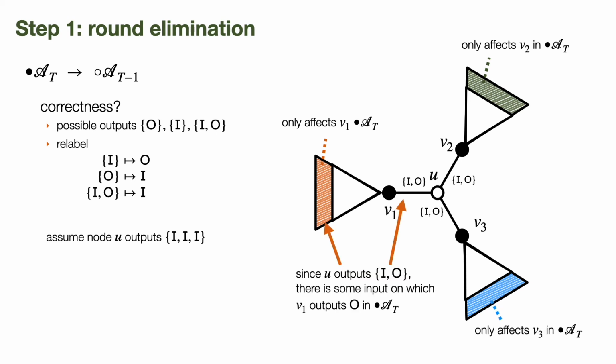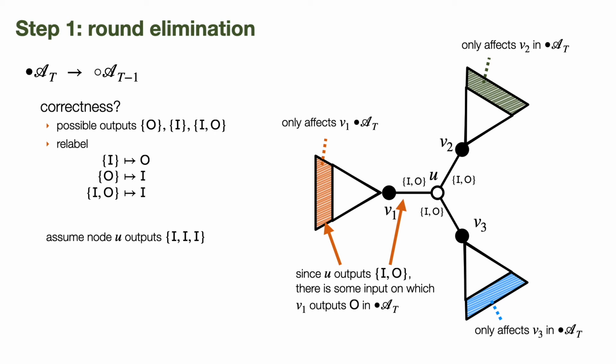So basically, since we are assuming that the set of output labels on this edge between V1 and U is {I, O}, we know by definition that there must be some input setting in the shaded orange region that results in V1 outputting O in A_T, because this is how we define this new algorithm A_{T-1}.